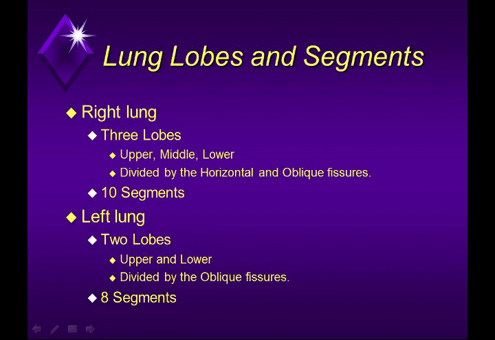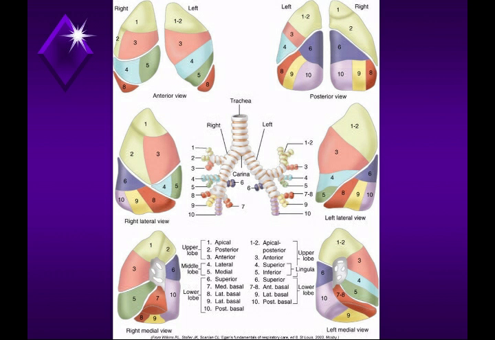If you were to open up the chest, you could slide your hand in between the individual lobes of the lung. There are 2 fissures on the right, 1 fissure on the left. You can see these fissures that are located there. Okay. Here's a horizontal and an oblique, and the left only has 1.